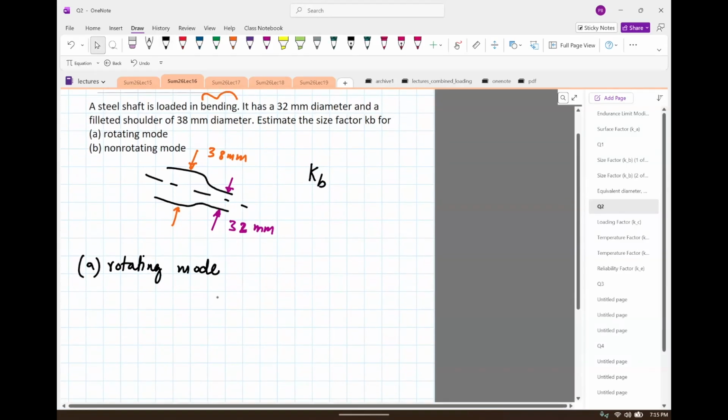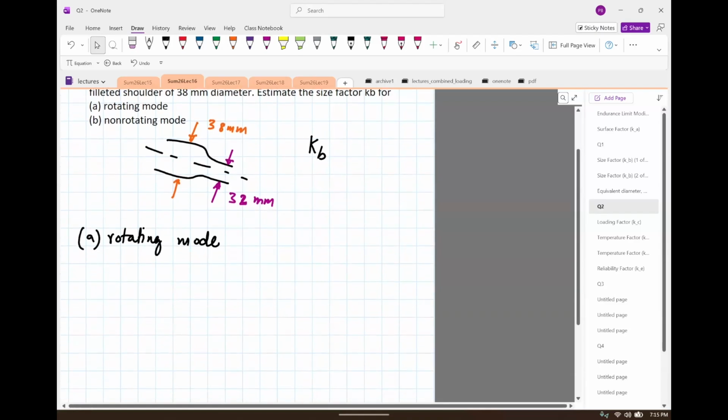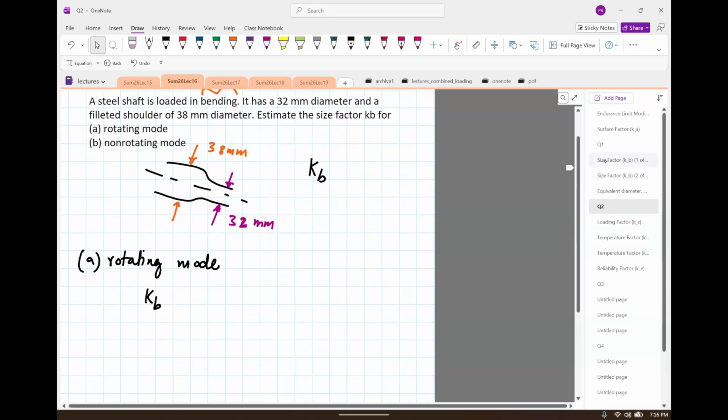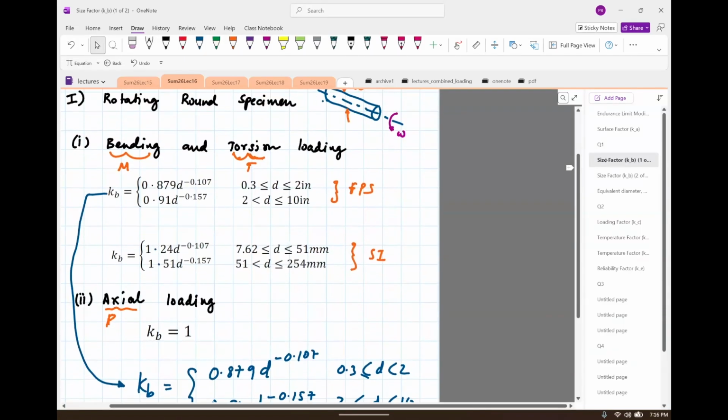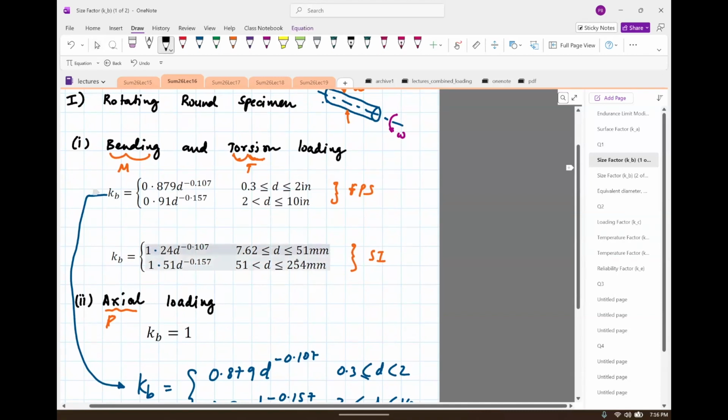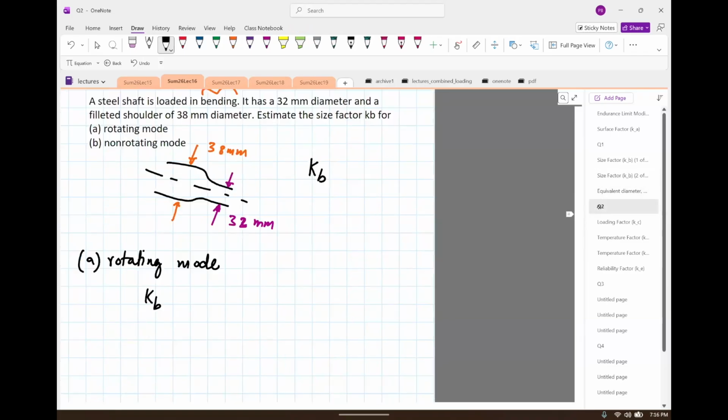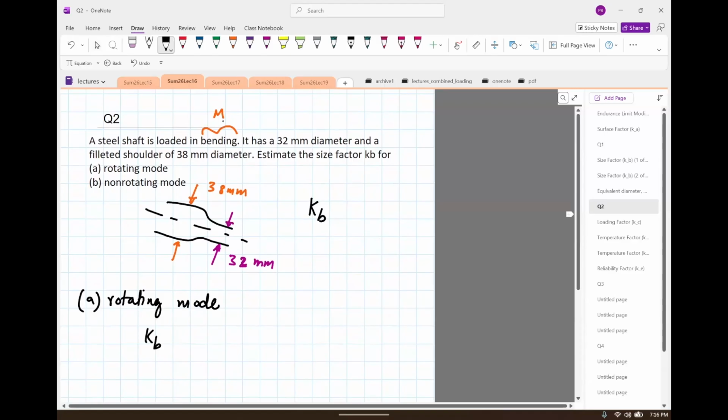So KB, okay, the question is we have two diameters here, which one to use? So if you go back here, we'll have to use clearly the one for SI units. So it's one of these two. And clearly this one, because it's bending, right? We are given that it is a bending problem, M bending.